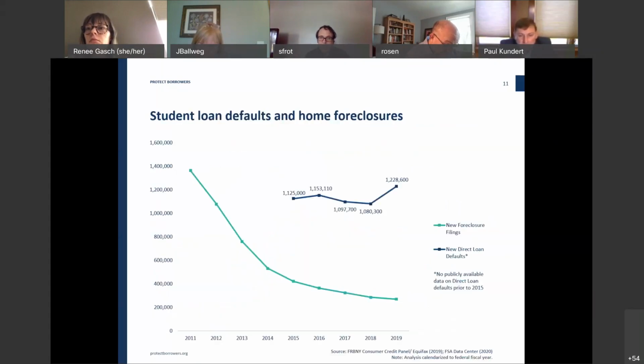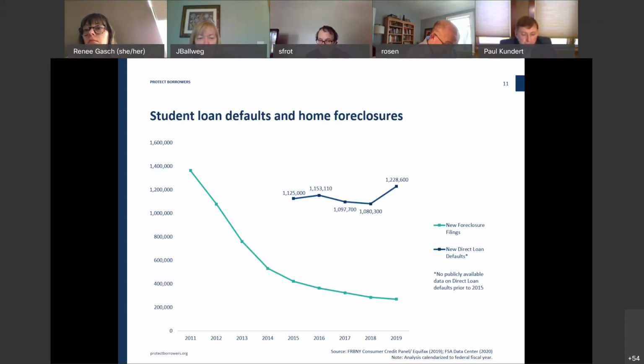And then this stat shows the number of borrowers who defaulted on their loans last year as a comparison to the number of people who lost their home to foreclosures, just for some dramatic effect here. I think what you see is that for all of the years that we have data, which is embarrassingly little, there's been more than 1 million federal student loan borrowers who defaulted on their loans.